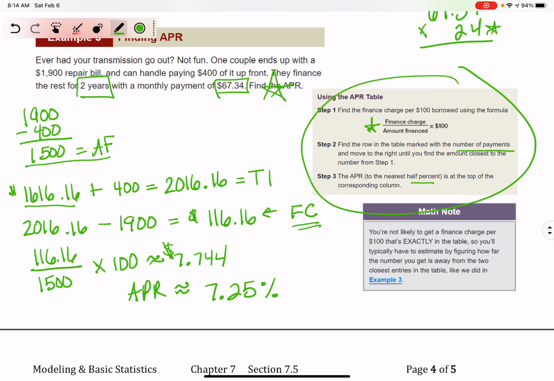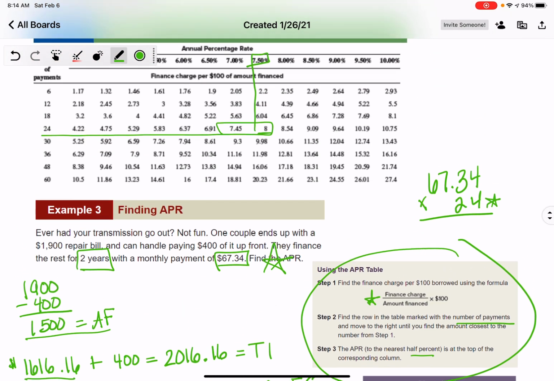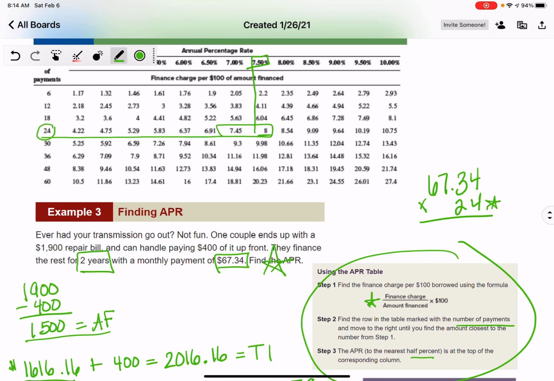Then we took that, divided them, and then multiplied by 100. Once we came up with that number, we went to our chart. We looked for the number of payments, which was 24.